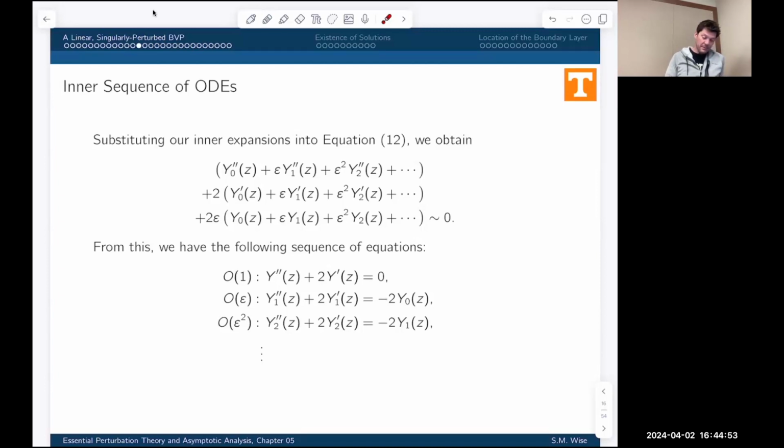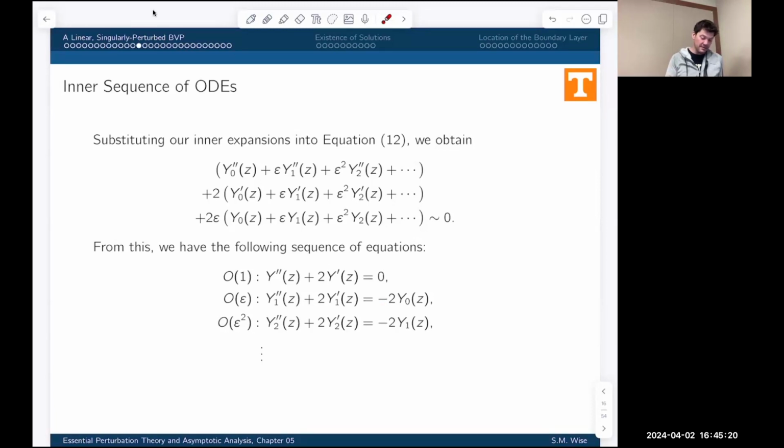So we need to form an order 1 equation. So what are our order 1 terms? Order 1 terms are going to be y0 double prime plus 2y0 prime is equal to 0. So that's the first equation. The second equation is y1 double prime plus 2y1 prime is equal to minus 2y0 without any prime.